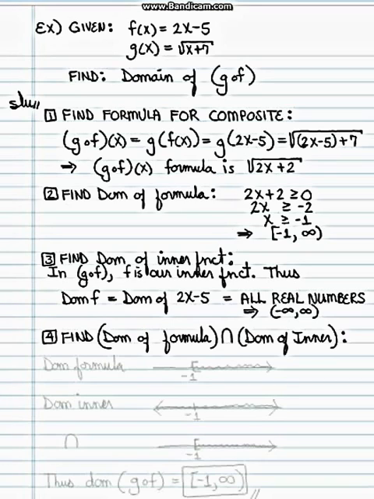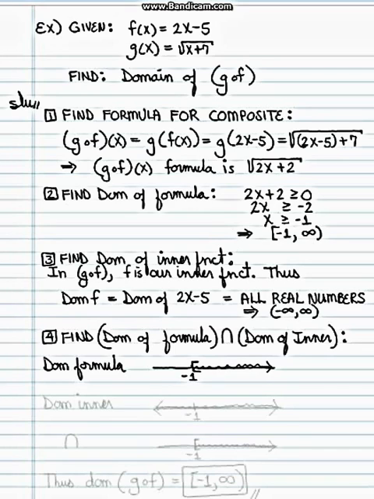So first we'll have the domain of the formula, which we got in step 2. Here's a number line. And you can see back in step 2, that was everything from -1 to infinity. And it included -1, so we get a boxy bracket, and we shade everything out to infinity.